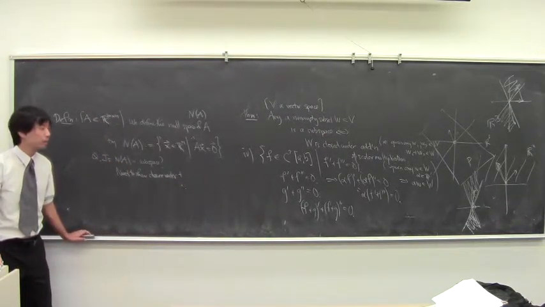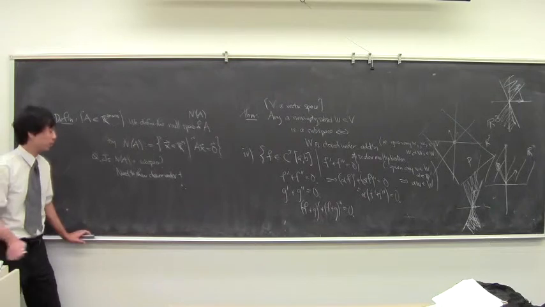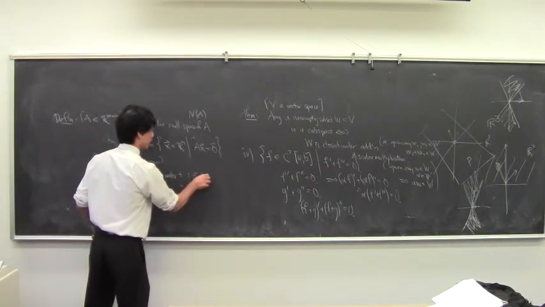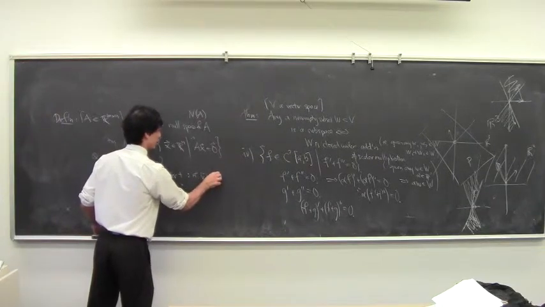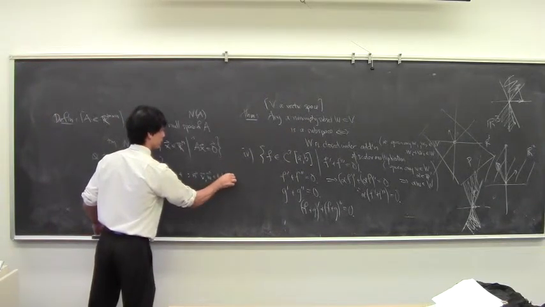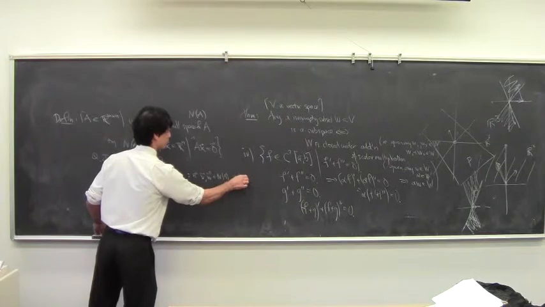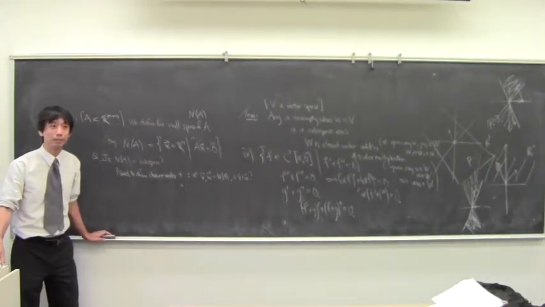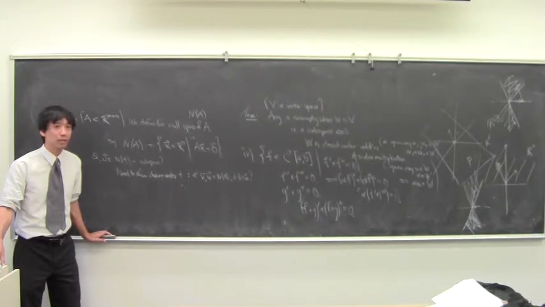So is it closed under addition? Suppose you have two vectors. If v and w are in N(A), is v plus w in the null space? If you have two guys in the null space, is their sum in the null space?